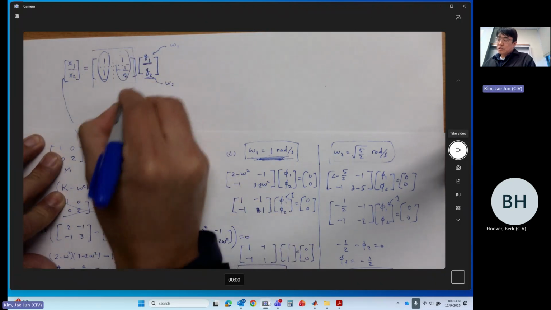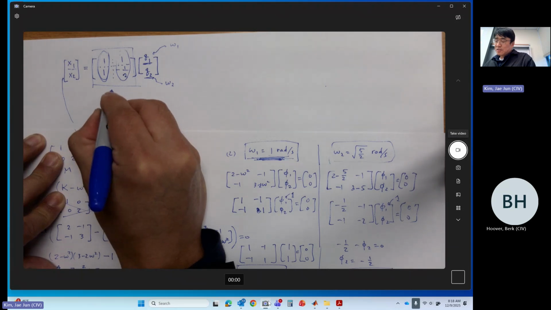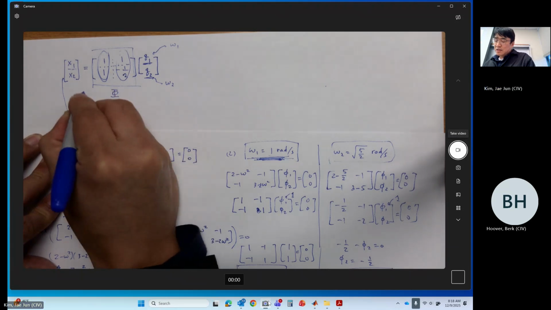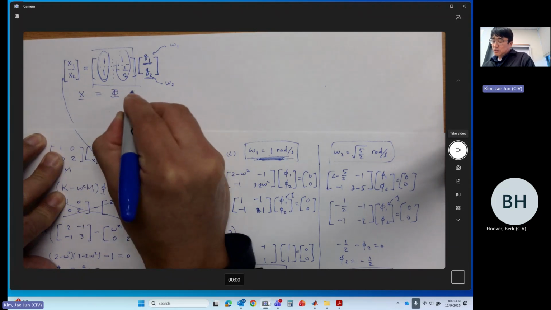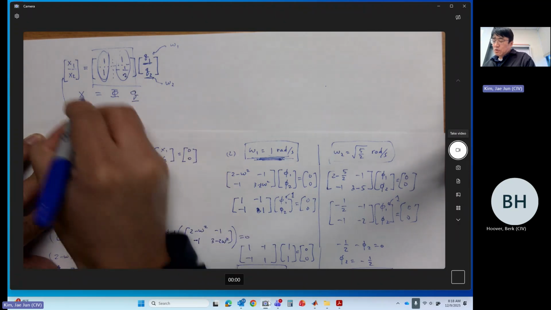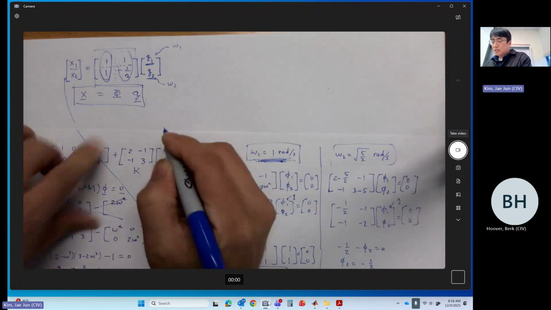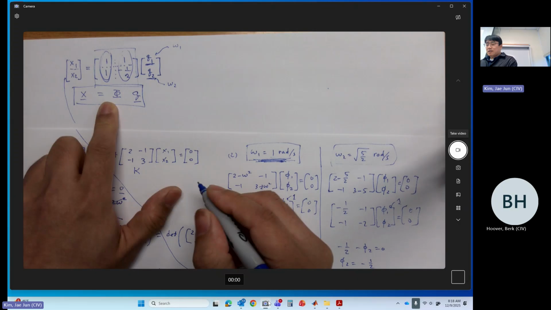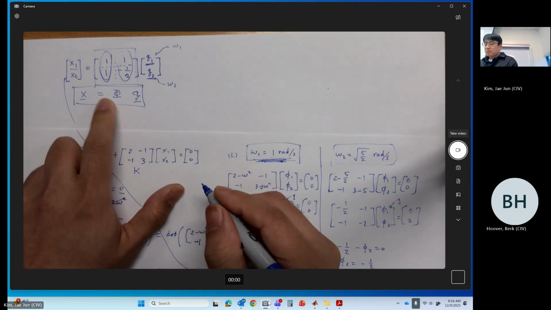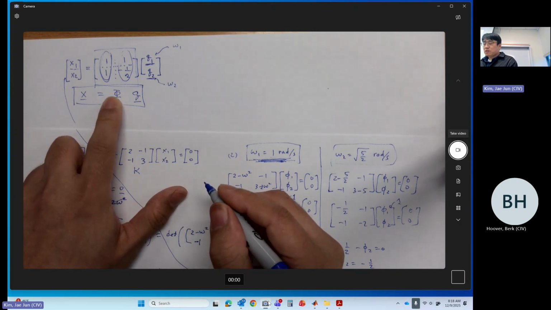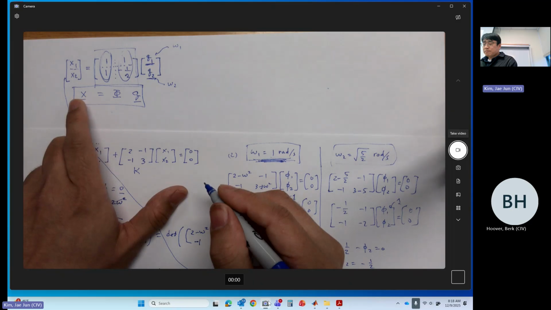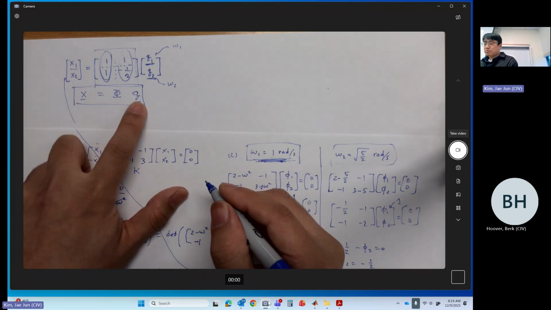So we call this modal matrix P, right? X is equal to PQ. So this is the key thing. This is the definition where you can transform your coordinates from modal coordinates to physical coordinates.